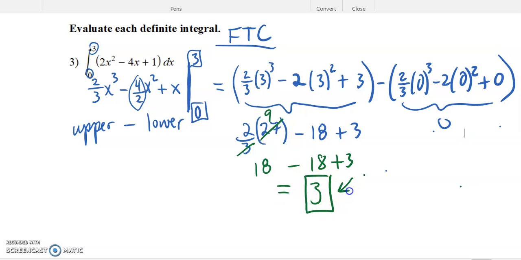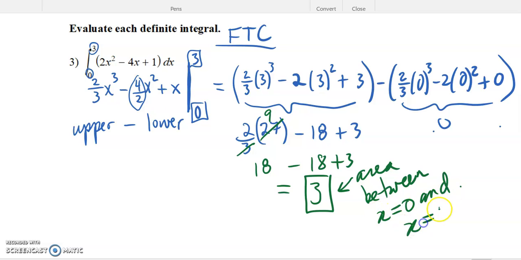So this is the area between x equals 0 and x equals 3. And that's how to evaluate a definite integral. That's called the fundamental theorem of calculus. And it only works when the function is continuous.